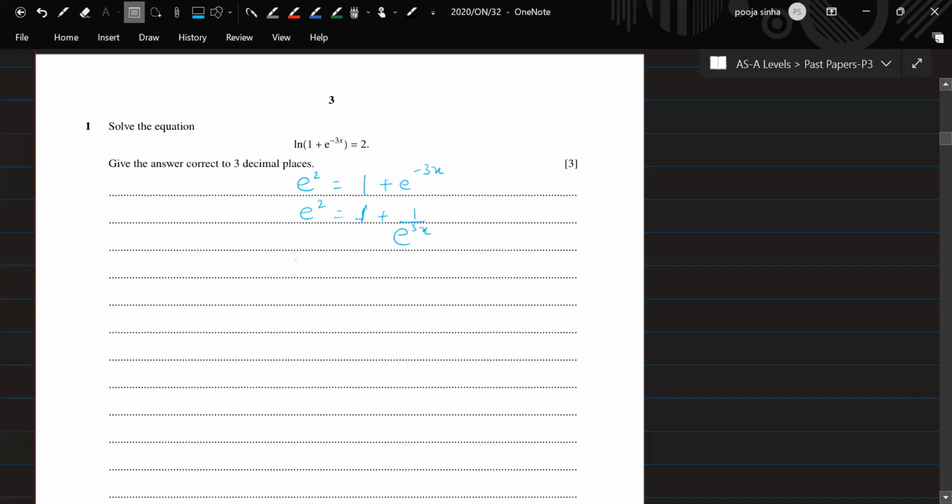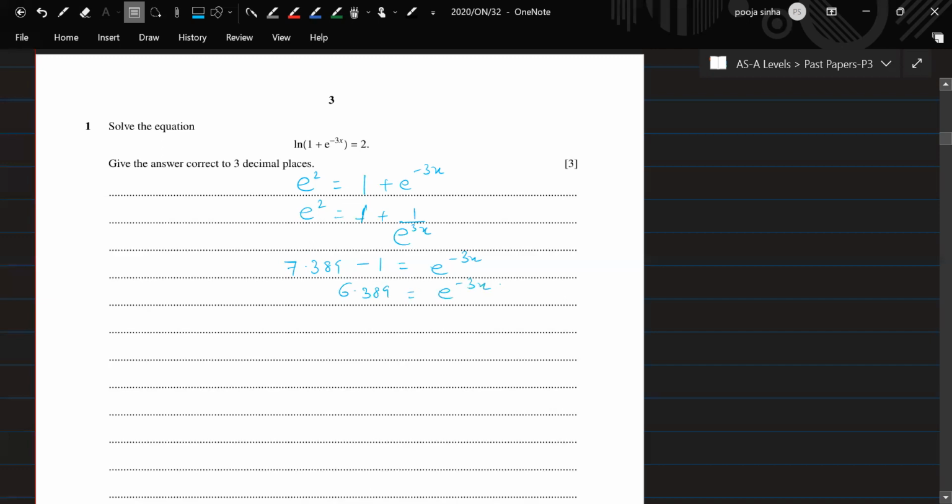Now I can write 7.389 minus 1 is equal to 6.389, e raised to power minus 3x.